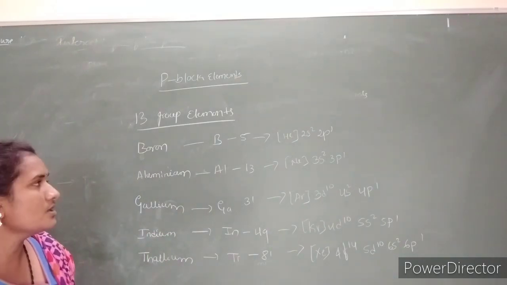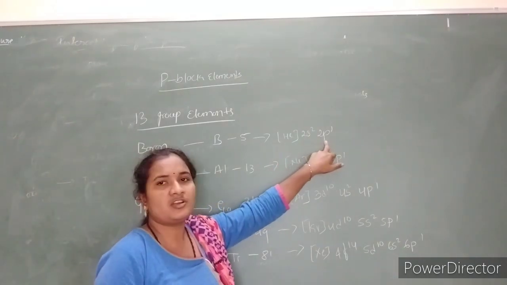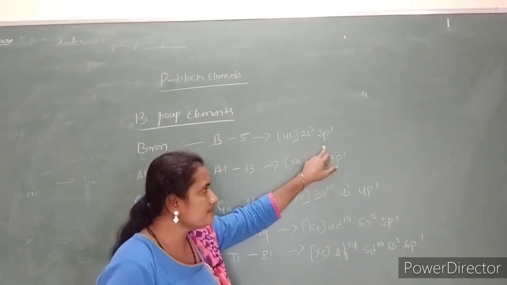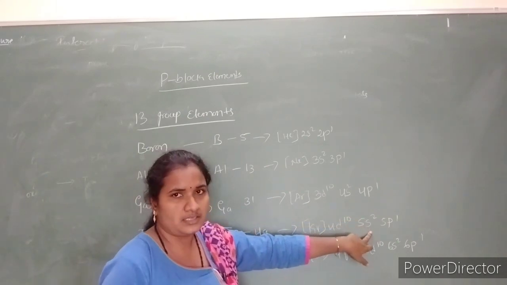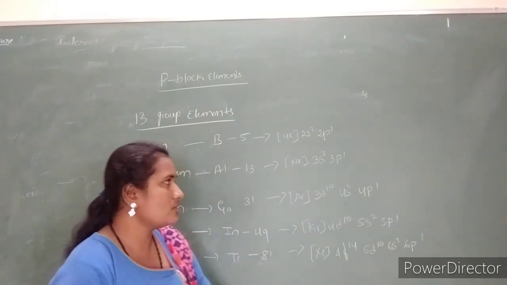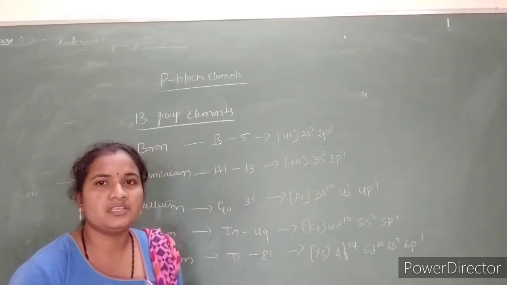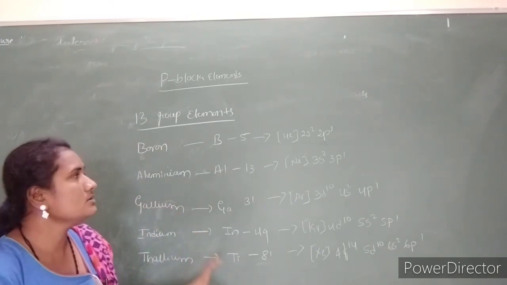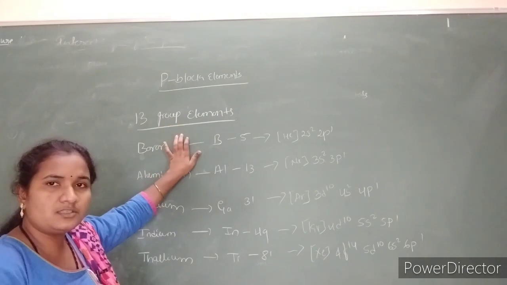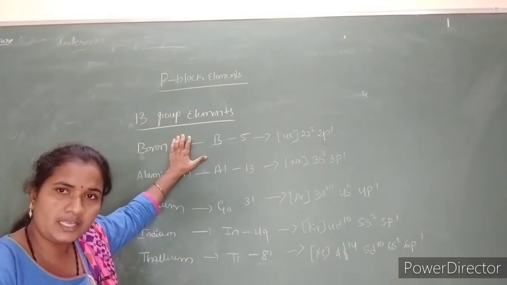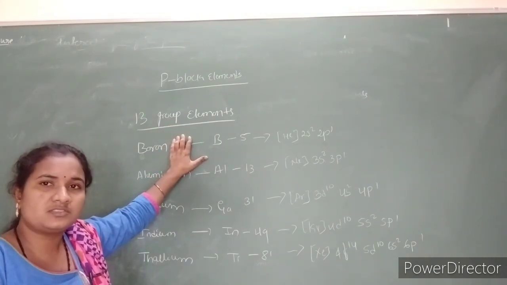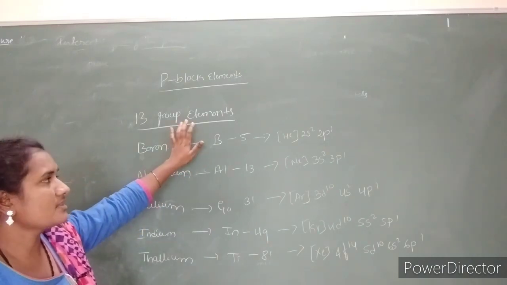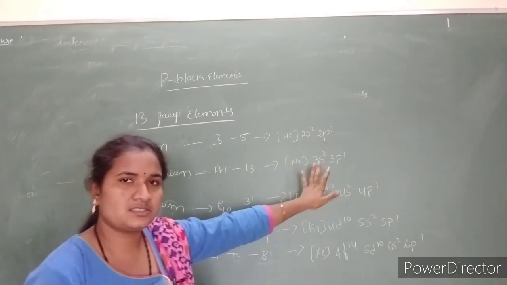But the outermost electronic configuration is ns2 np1. So the last s orbital has 2 electrons and the last p orbital has 1 electron. That is why the valence electrons present in 13 group elements are 3, and the maximum oxidation state, the group oxidation state exhibited by the 13 group elements, is +3.